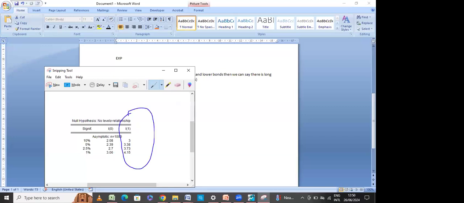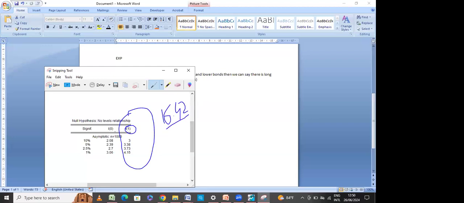So upper bound means like this, I have these values. If this is the upper bound, I(1), this is our upper bound. So if values are greater than this value, which is 16.42 in our case, we can simply say there is an existence of co-integration.